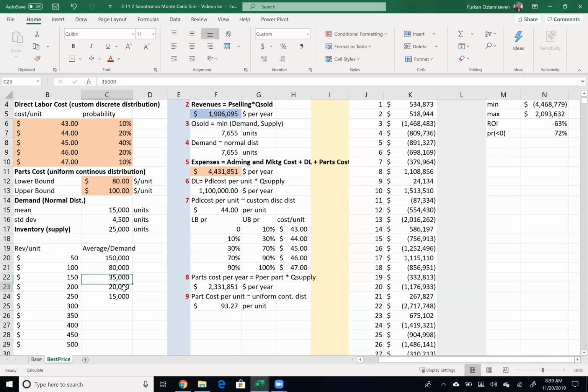Okay, so now what I can do is try to figure out what would happen if I increase the price. So let's say they say 12,000 units, 10,000 units, and then here let's say only 6,000 units, and anything greater than 400, let's say 0, no one would buy my products.